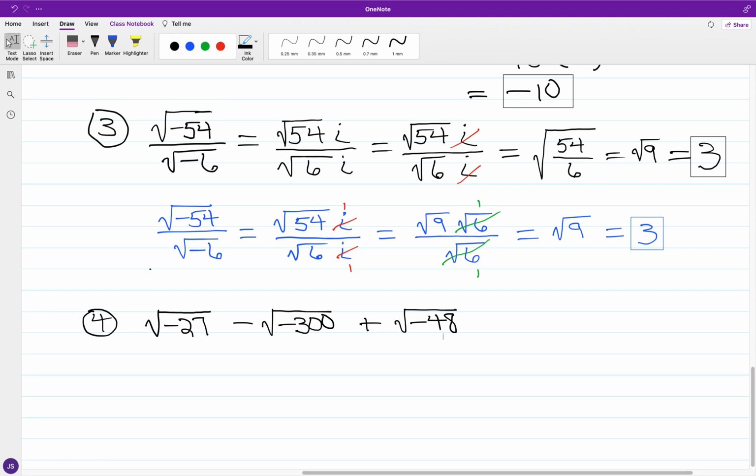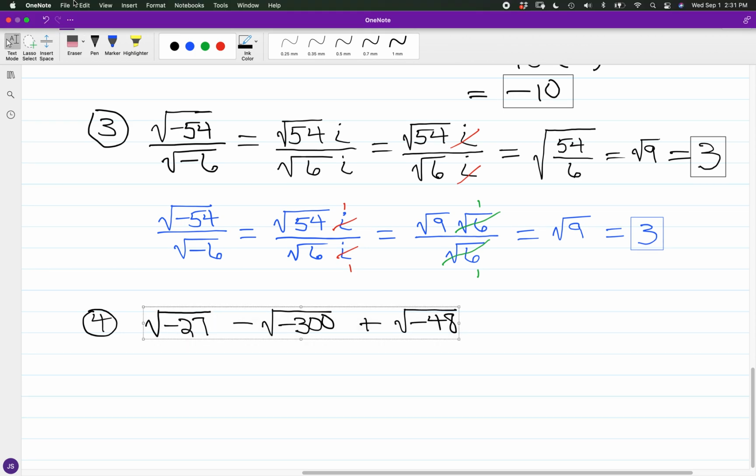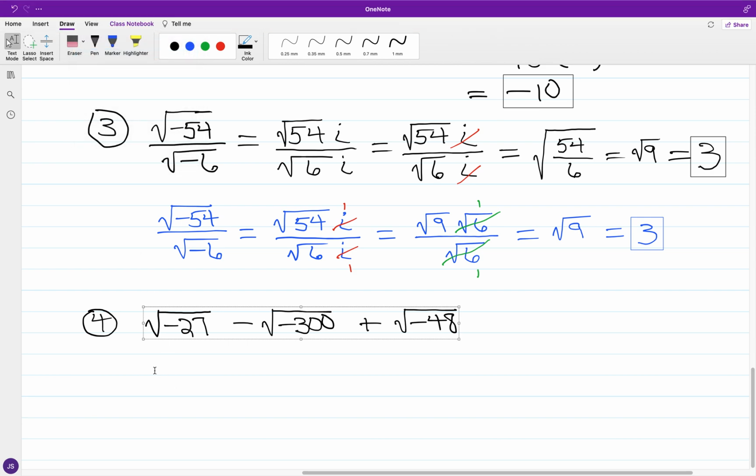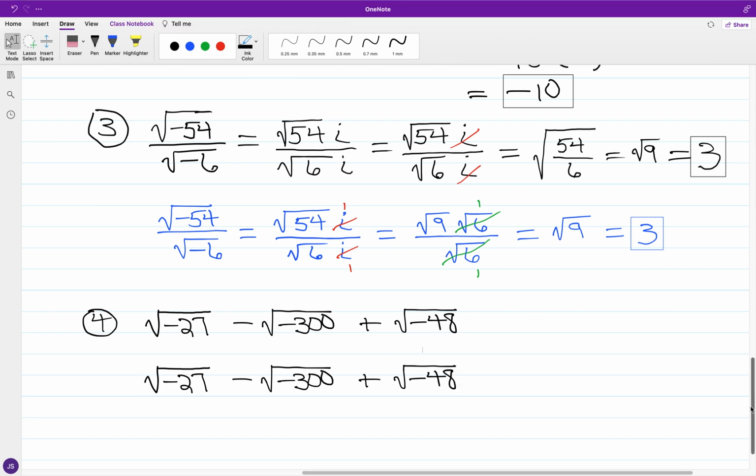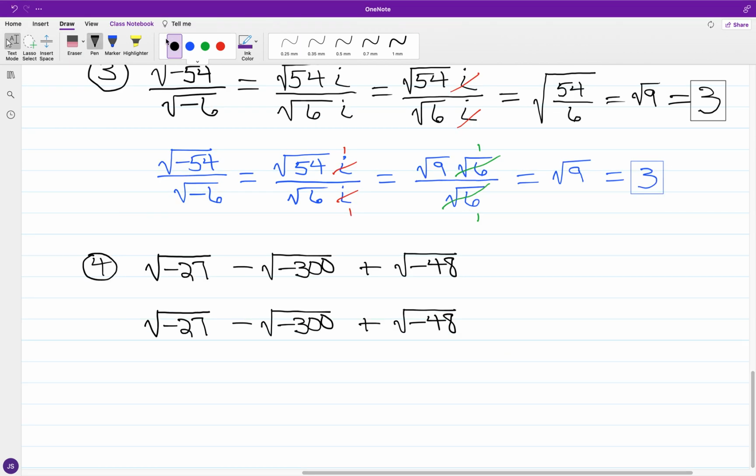And with this trio, if I go ahead and write these terms in terms of i, the square root of negative 27 is the square root of 27 times i.